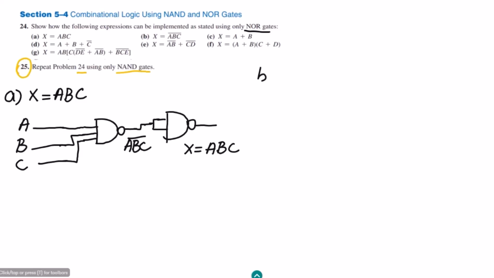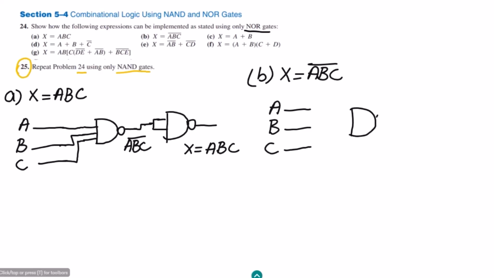Similarly in part B we have x equal to ABC whole complement. This is the NAND operation which has to be carried out. So we have the 3 inputs A, B, C, which have to be given to a simple 3 input NAND gate, applied here as 1, 2 and 3.